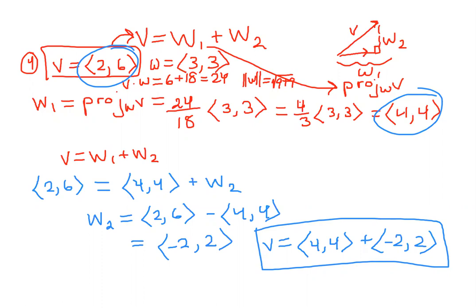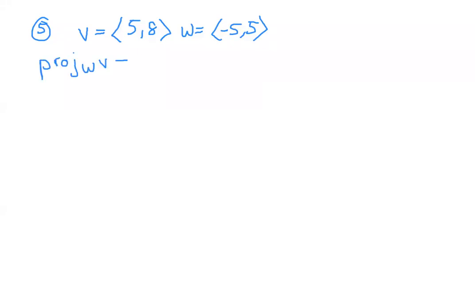So let's do number 5. We've got V and W. And we're going to rewrite V as the sum of two orthogonal vectors. So the first thing we're going to do is find the projection of V onto W. So we've got to find the dot product, which is 5 times -5 plus 8 times 5.